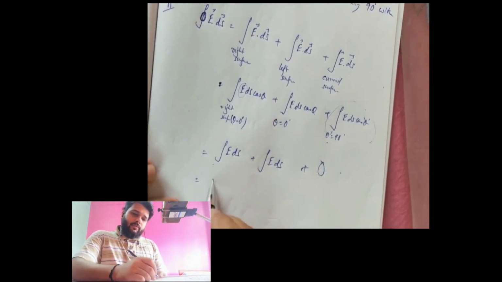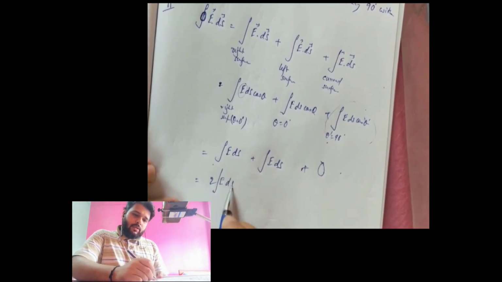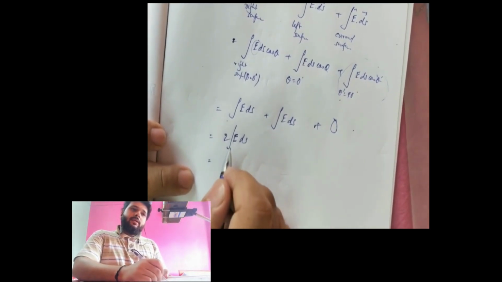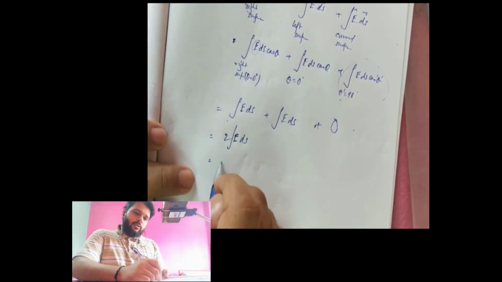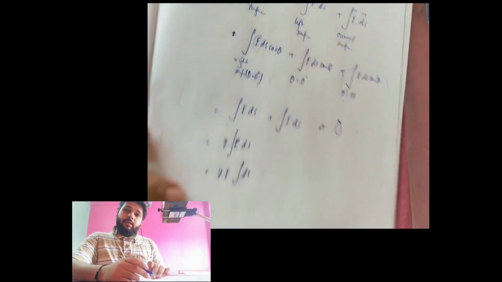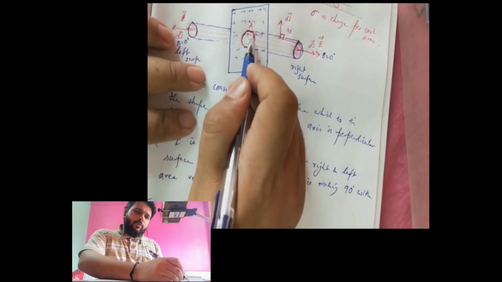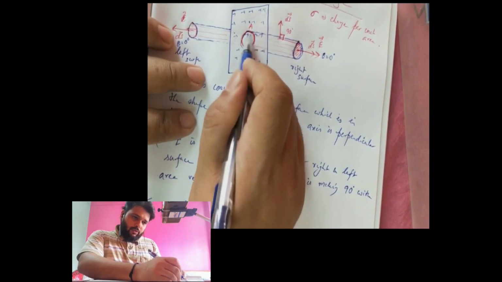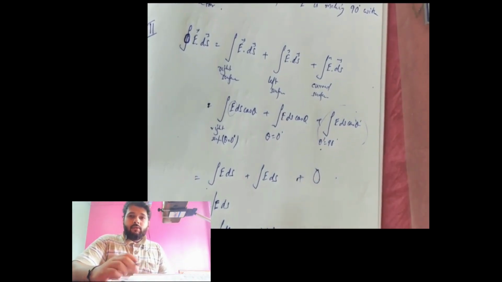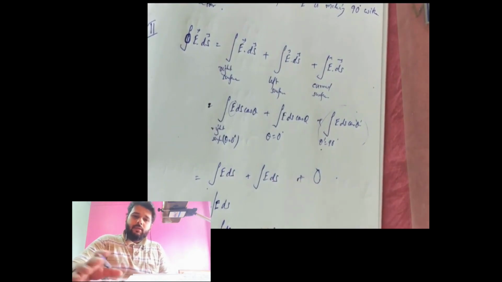Now we can write this as E ds plus E ds, so here it will be 2 E ds. Since E is constant for a surface, we have 2E and we have to integrate only the ds. ds is a very small area, and we have taken the total area as capital A. So in place of the integral of ds we write A. So 2E into A is the value of the closed integral of E dot ds.